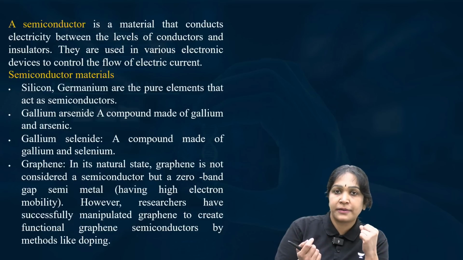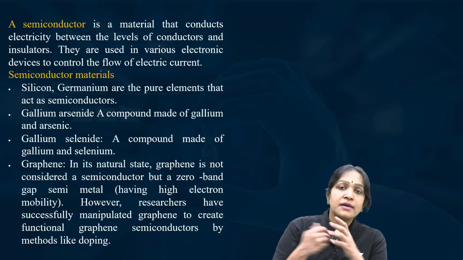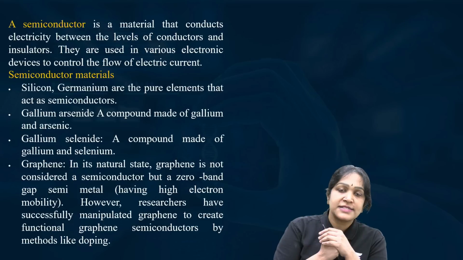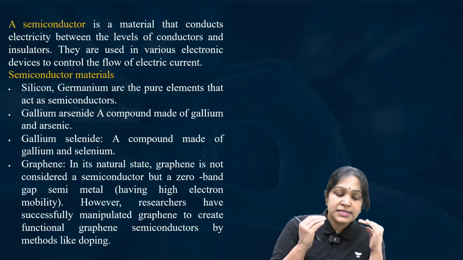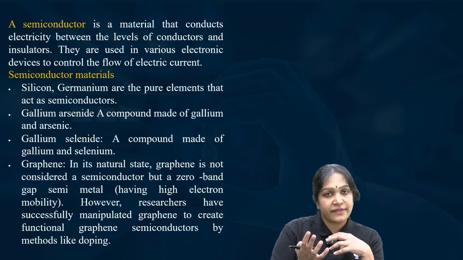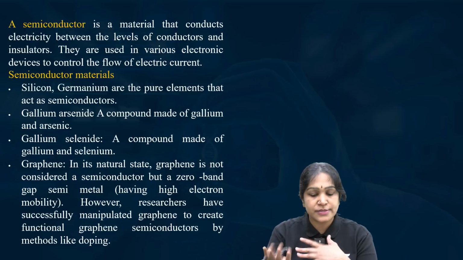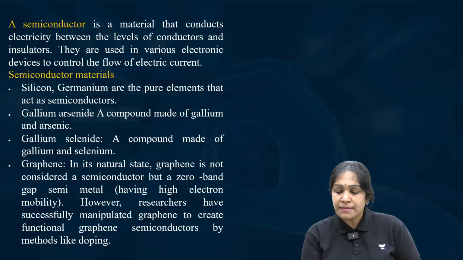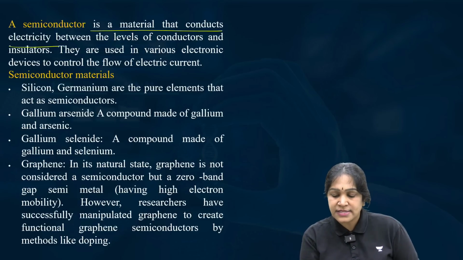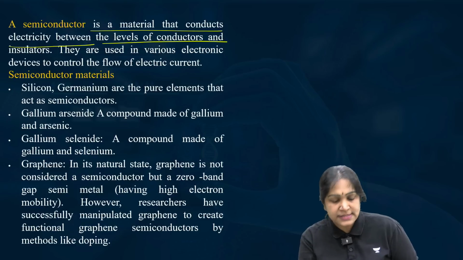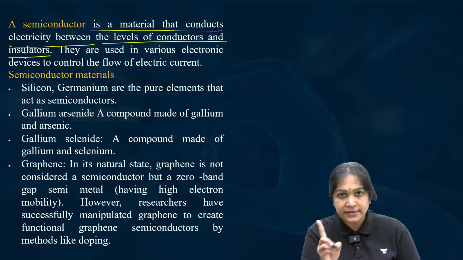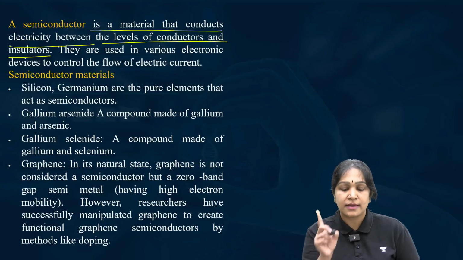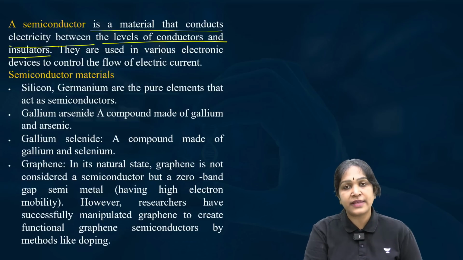Wood, for example, is an insulator. Copper, for example, is a good conductor. A semiconductor is somewhere in between. It is a material that conducts electricity between the levels of conductors and insulators. It is neither a conductor nor an insulator. That is a semiconductor, in between the two.